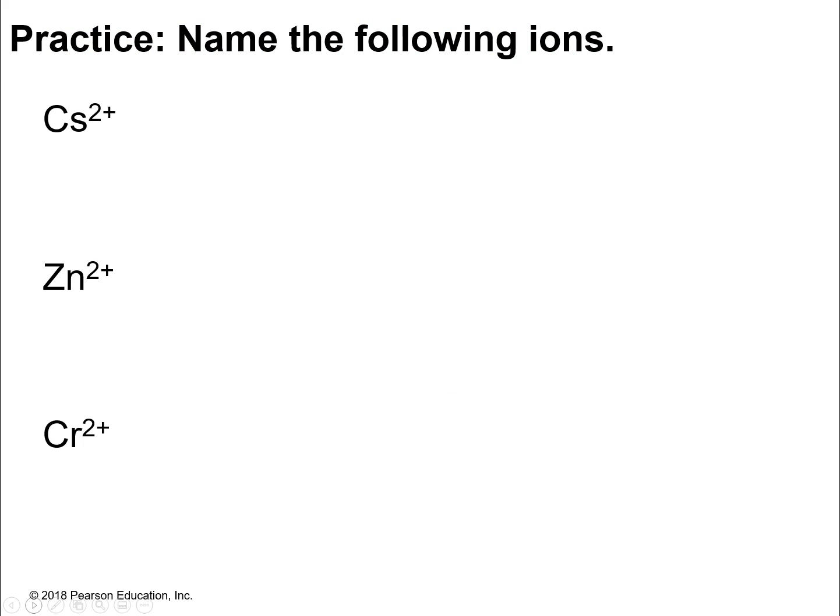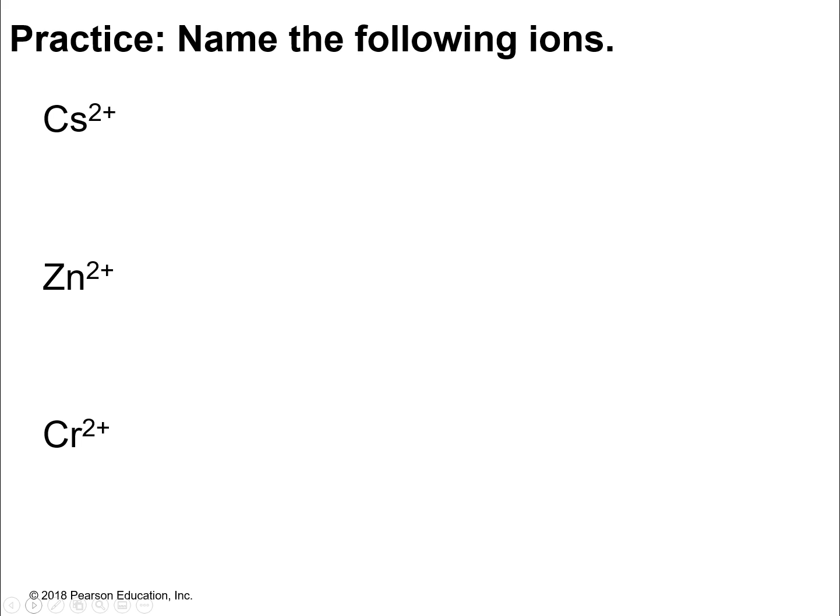So let's do some practice. I will give you 3 minutes, and I want you to name these ions. Notice that I'm not telling you whether or not it's a transition metal or not. So you need to first determine, is this a transition metal? If so, is it an exception?